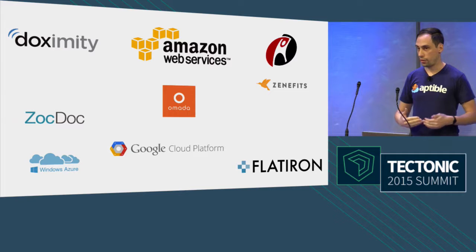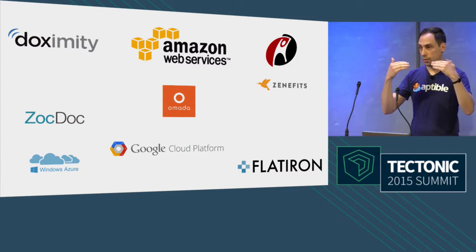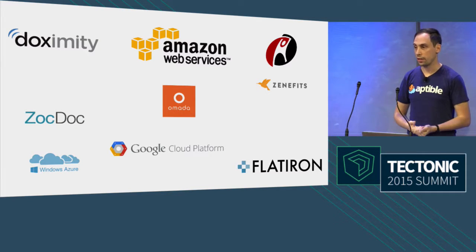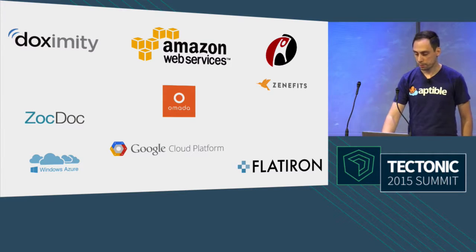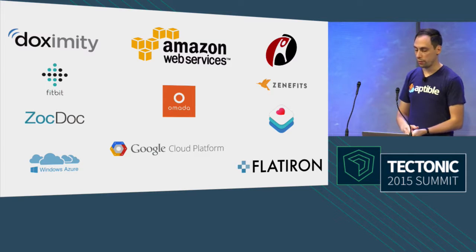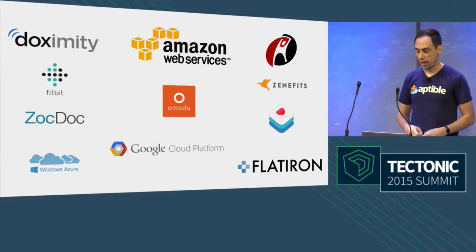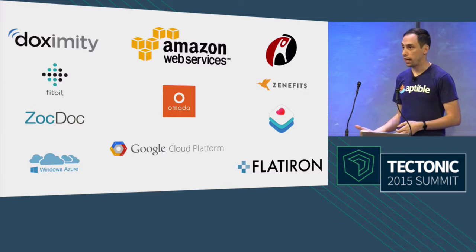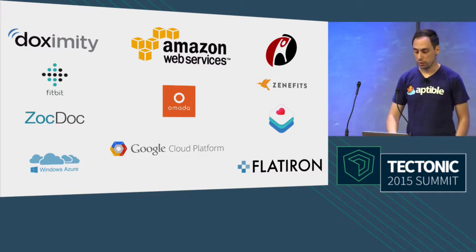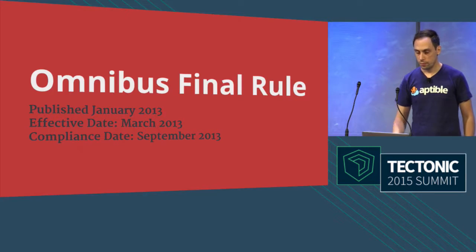Because HIPAA applies all the way down to where data is stored, business associates also include hosting providers like Amazon Web Services, Google Cloud Platform, Rackspace, Azure. And finally, with the rise of health and wellness apps and frameworks like Apple's HealthKit, any app that shares your data from your mobile device with a medical professional or insurance company is also a business associate.